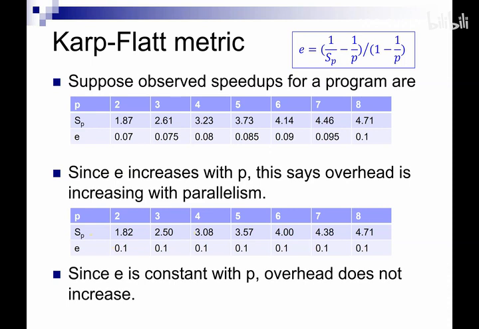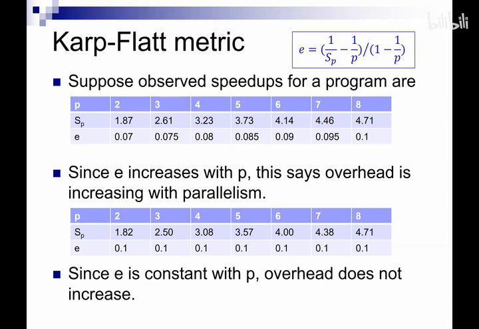So this indicates that for this program, the overhead you're paying, which is included in this E value, is not increasing as you increase the number of processors. Therefore this program down here is somehow a more scalable program than the first program, because you don't pay increasing overhead as you increase your number of processors.